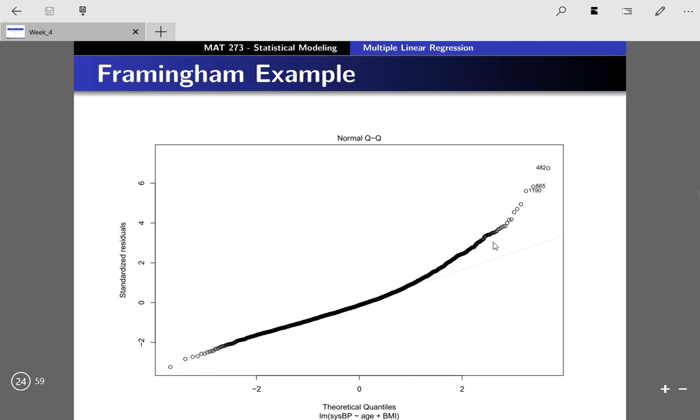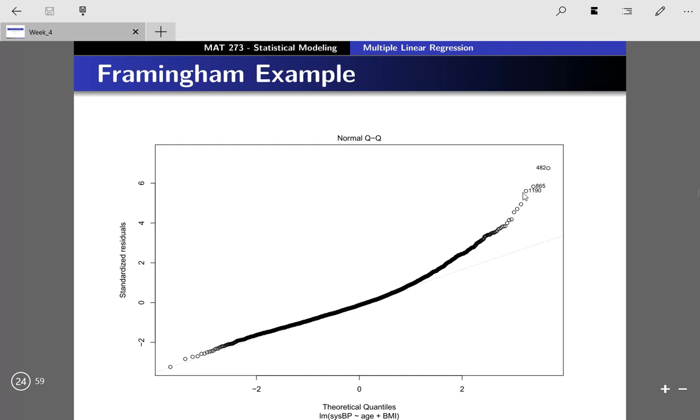Those look great. Here we have some concern in that the points are sort of drifting up away from our dotted line. And R, even by default, will tell you these potential outliers. It gives you the observation number, the row number in the data set where this point is recorded. So here we have some potential outliers in our data set as well.